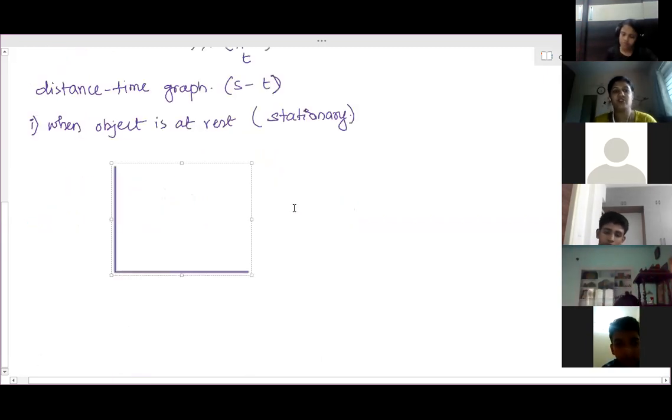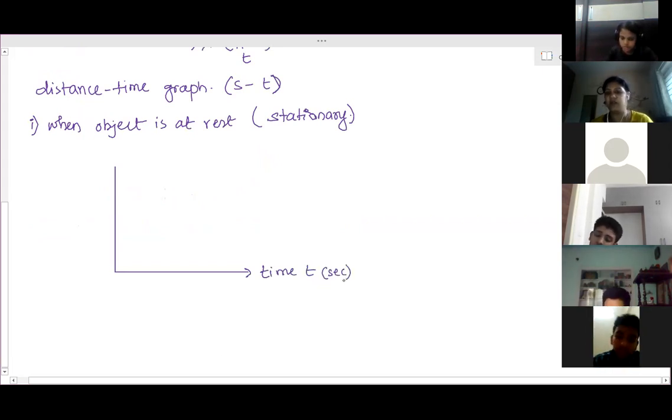So the object is not moving. Suppose first example, object is not moving, that means time is passing by and the distance covered is zero. On the x-axis it is time T. We have to mention in which unit we are measuring it: it is in seconds, it is in minutes, or it is in hours. On y-axis, it is distance covered, S, and it is measured in meters.